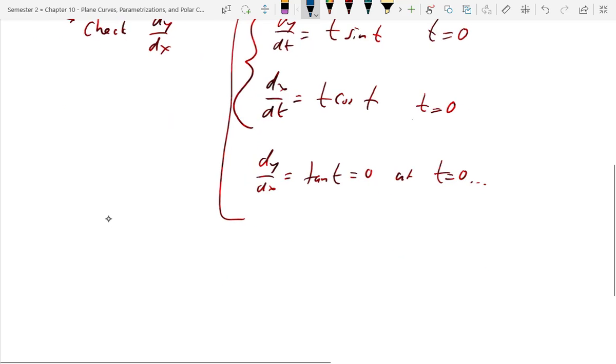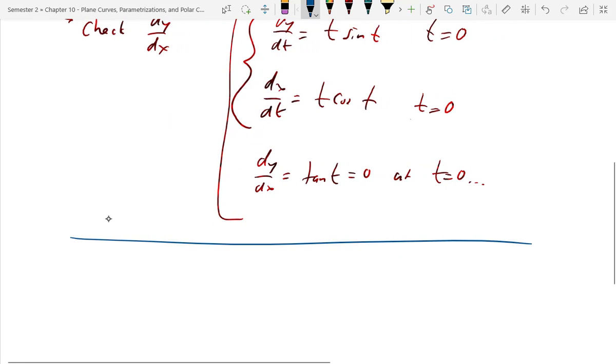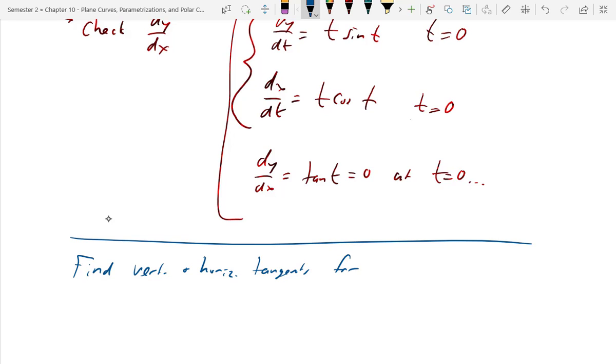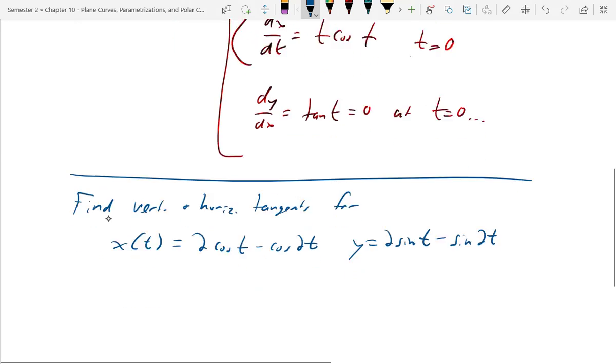Okay, we're going to work through an example of this. Find vertical and horizontal tangents. I tend to do vertical first because it's x. For x of t equal to 2 cosine t minus cosine of 2t, and y equal to 2 sine t minus sine of 2t.